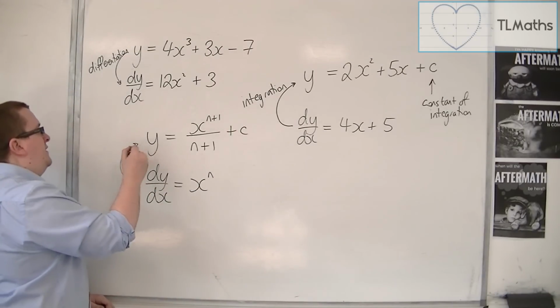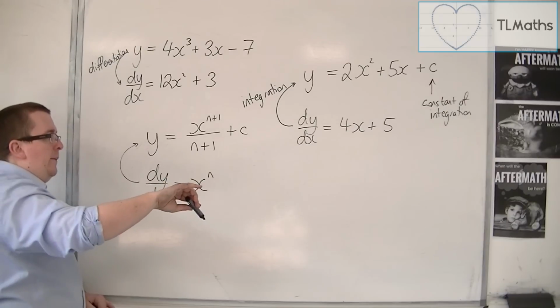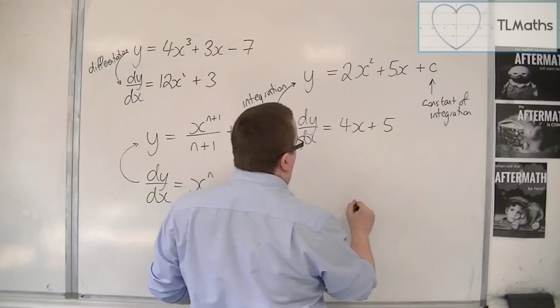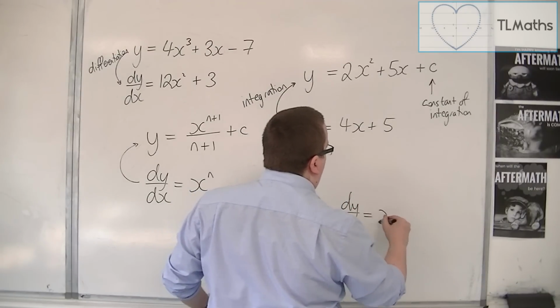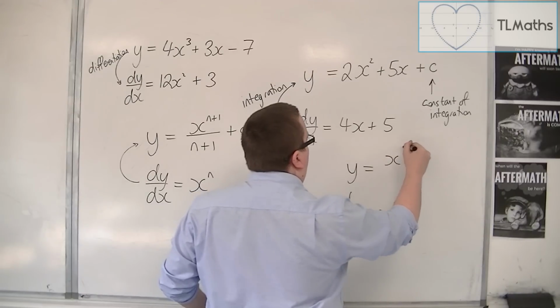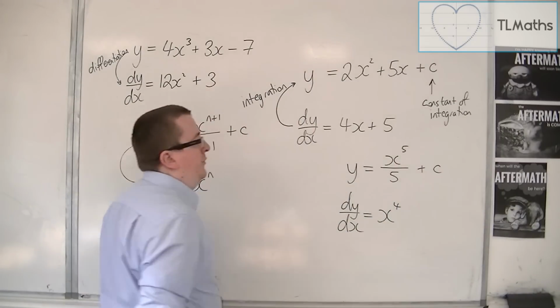So to get from there to there, you add 1 to the power, divide by the new power, plus c. Okay, so for example, if you have dy by dx is equal to x to the 4, then y, add 1 to the power, divide by the new power, and then add a constant of integration.